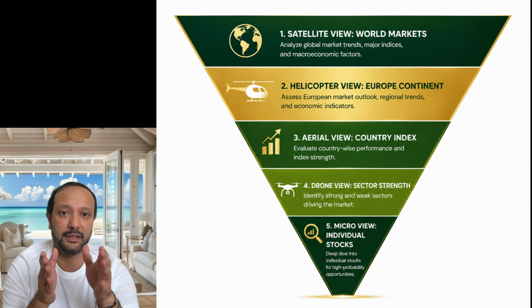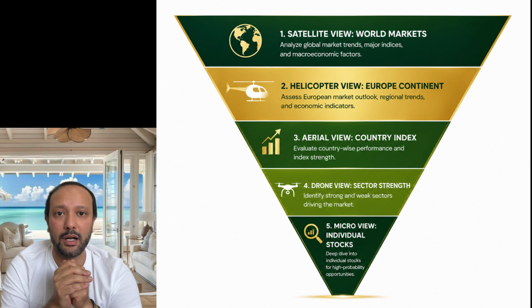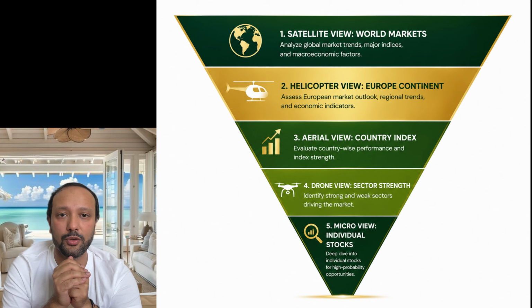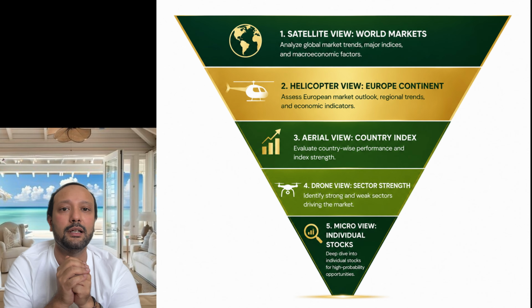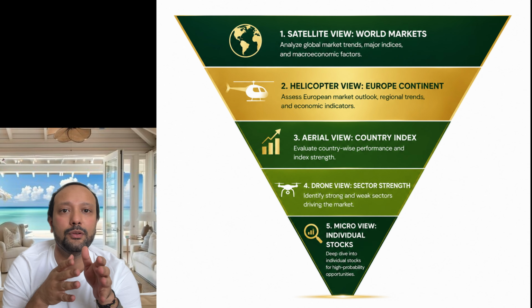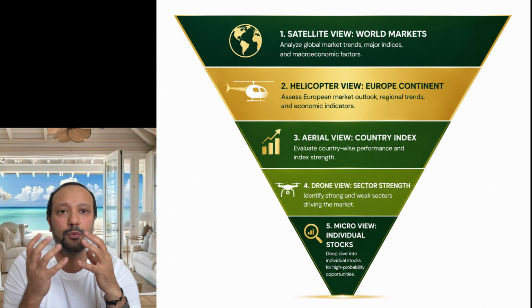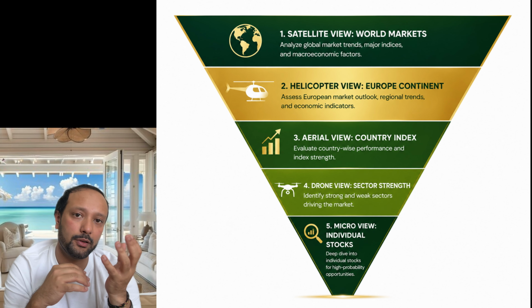Once we understand the global market, the world market, we will go one step down, which will be your European market, how the European market as a whole is functioning. Then we'll go one step more down in the pyramid to see the aerial view, how each country in Europe is functioning, which country is showing strength as compared to the others.